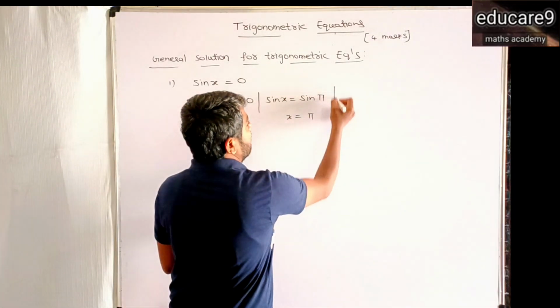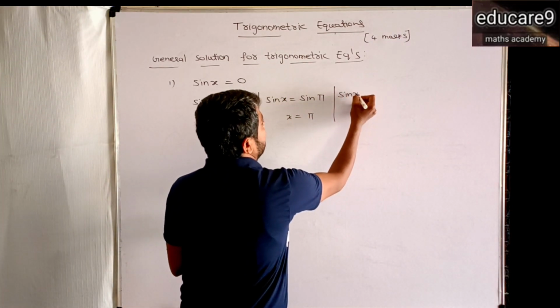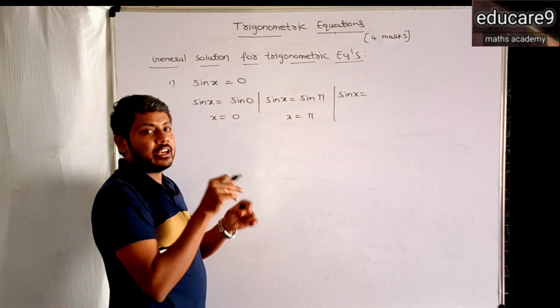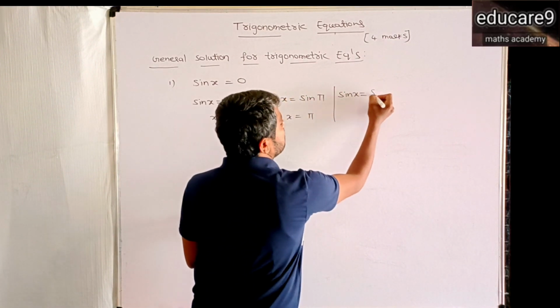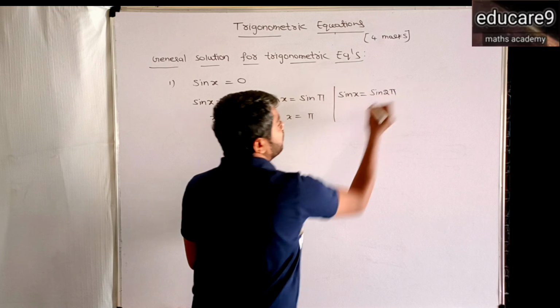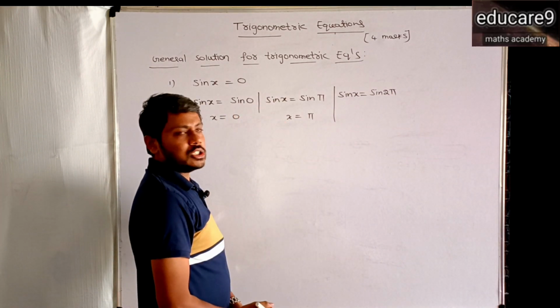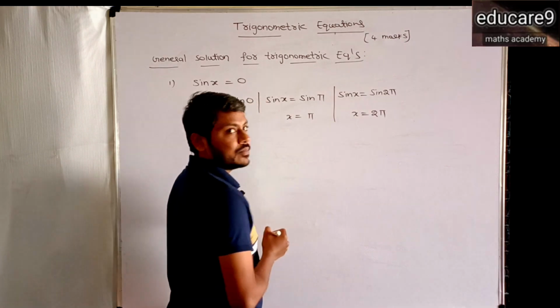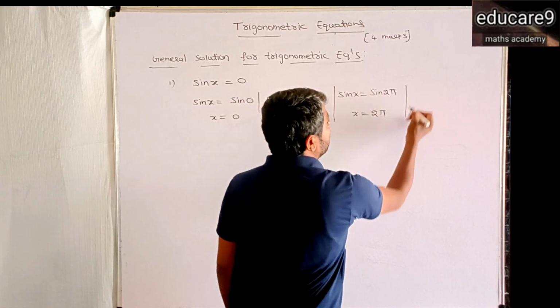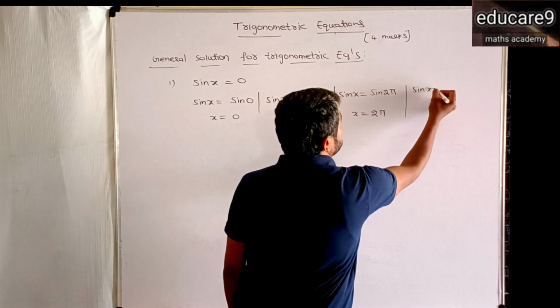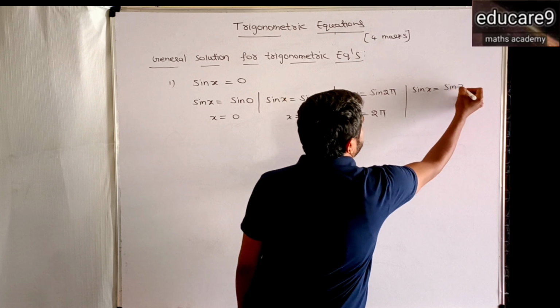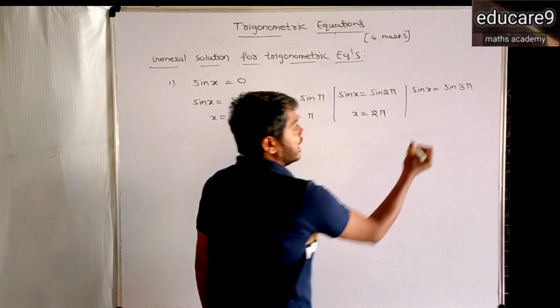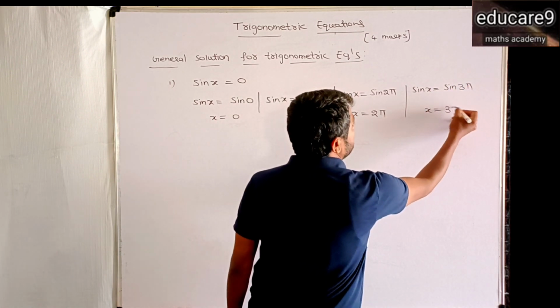If you write sin x which is equal to 0 in terms of sin, that is sin 2 pi. Again sin 2 pi is also 0. So x is equal to what? 2 pi. Similarly, if you write 0 as sin 3 pi, again x is equal to 3 pi.